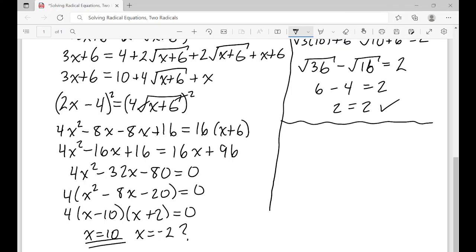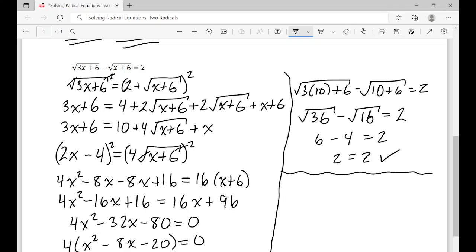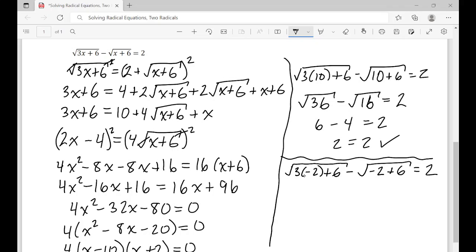Now let's do it again for negative 2. So the square root of 3 times negative 2 plus 6 minus the square root of negative 2 plus 6 equals 2. 3 times negative 2 plus 6 is going to give me the square root of 0, minus the square root of negative 2 plus 6, which is 4, equals 2.